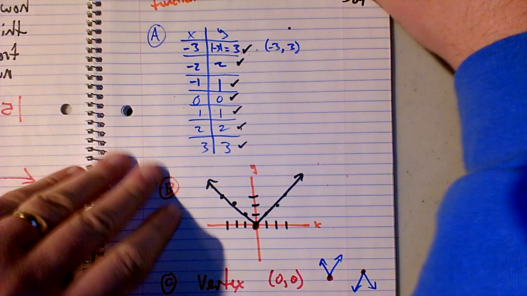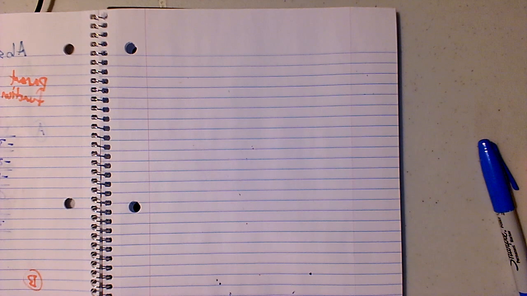All right, so you were asked to do the discovery-based activity where you graphed a whole bunch of stuff, and you hopefully discovered some things. We're going to talk about that.